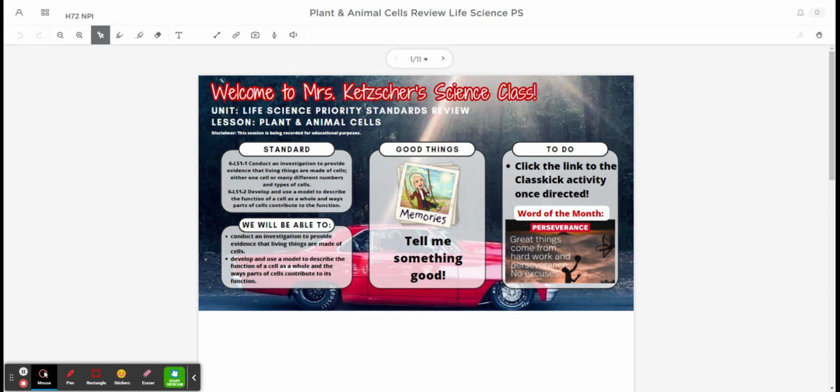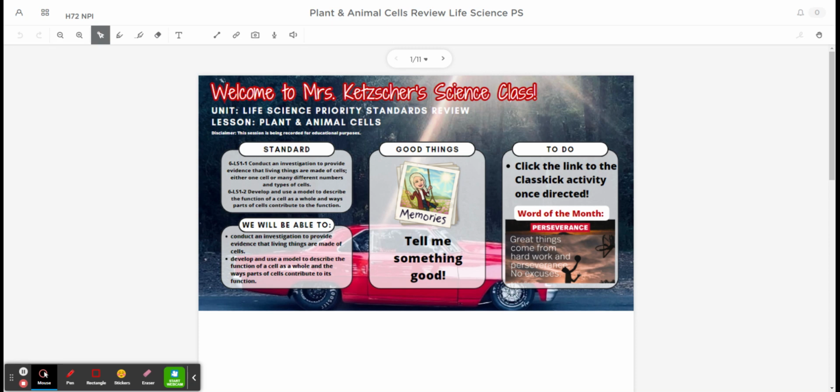So today's standards: the first standard is 6LS1-1, conduct an investigation to provide evidence that living things are made of cells, either one cell or many different numbers and types of cells. And our other standard that we'll be focusing on is 6LS1-2, which is to develop and use a model to describe the function of a cell as a whole and ways parts of cells contribute to the function.